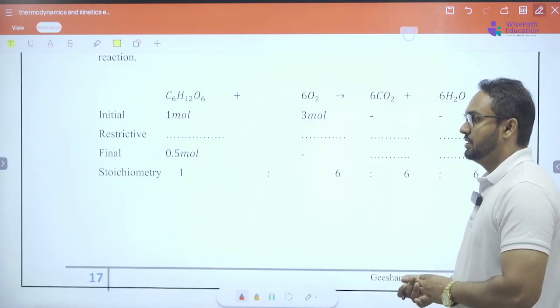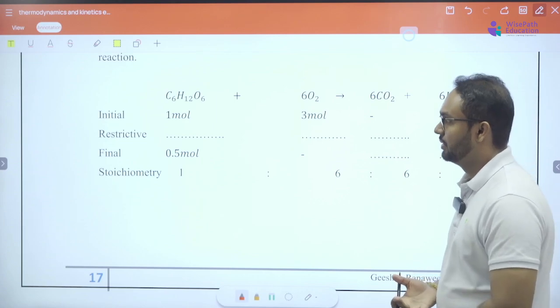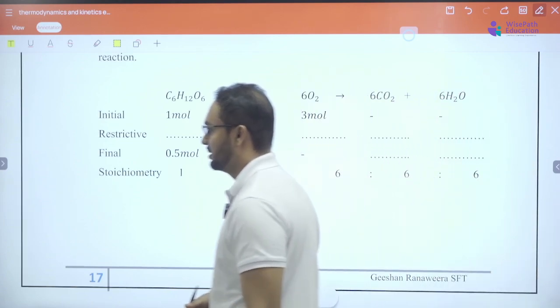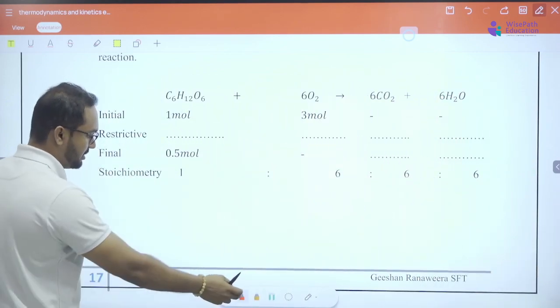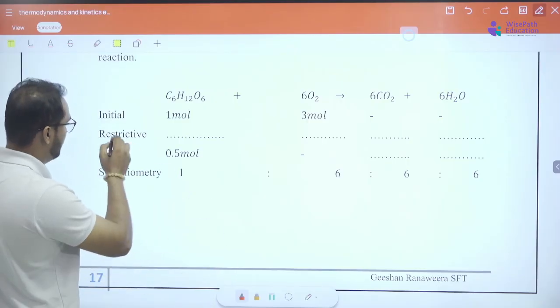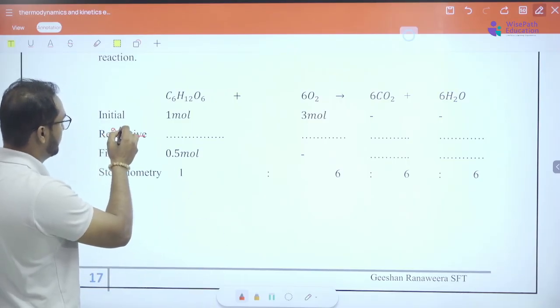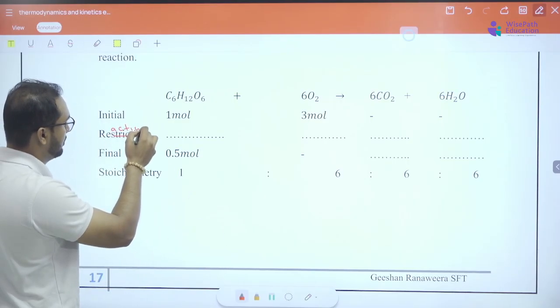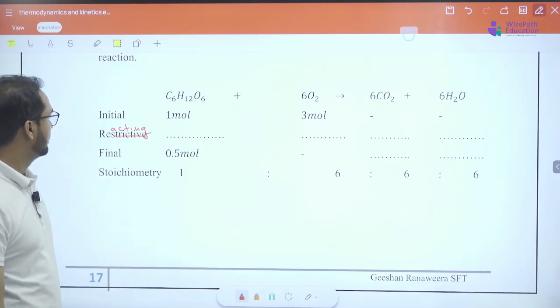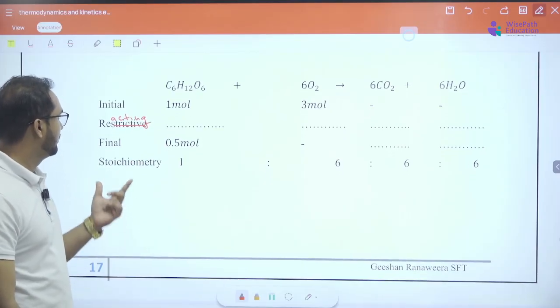Right. So initial, this should be reacting, not restrictive. Initial, reacting, final.